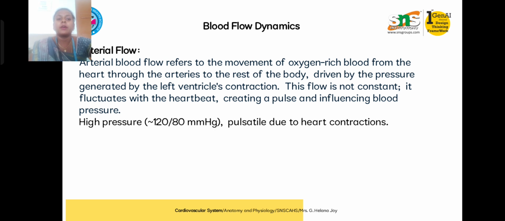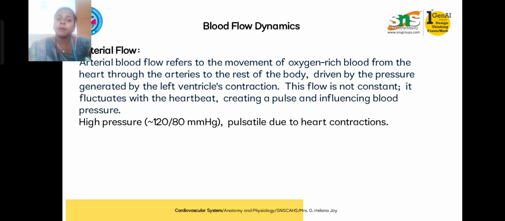Blood flow dynamics. Arterial blood flow refers to the movement of oxygen-rich blood from the heart through the arteries to the rest of the body, in which the pressure is generated by the left ventricle's contraction. This flow is not constant. It fluctuates with the heartbeat, which creates a pulse and influences the blood pressure.